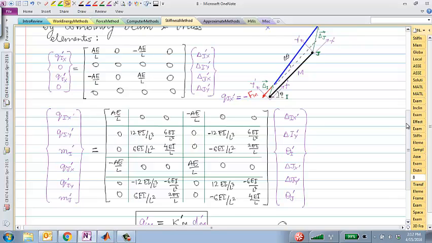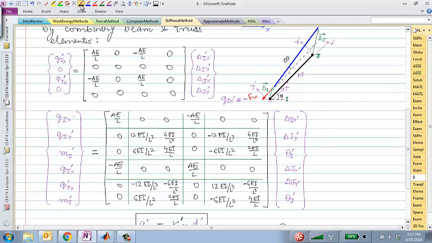Okay, so let me highlight that. This is local coordinate system. And just like the truss problem, this relationship is constant no matter what orientation of the frame element you have.